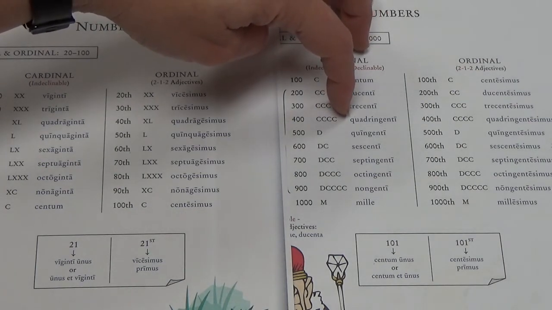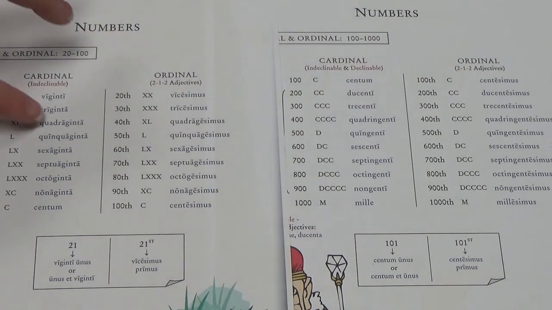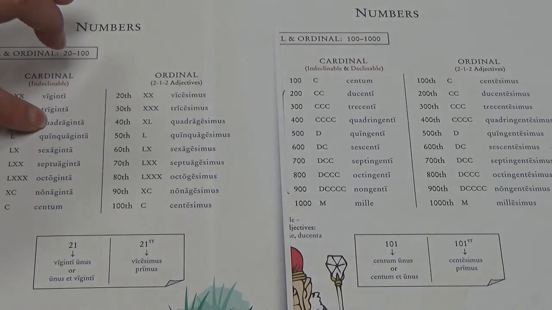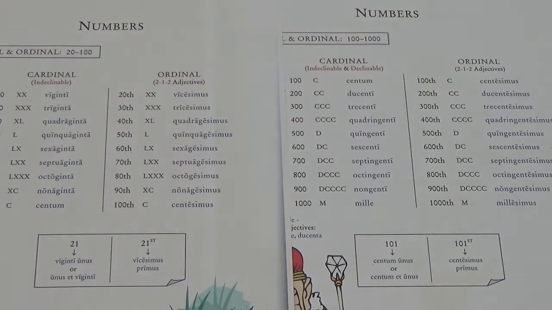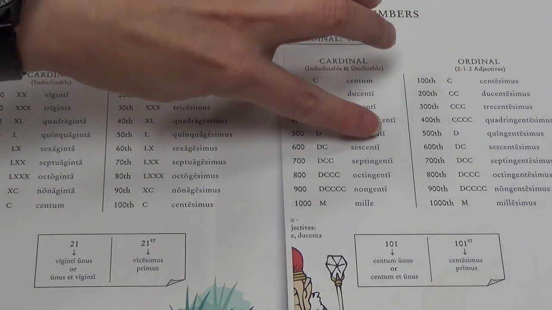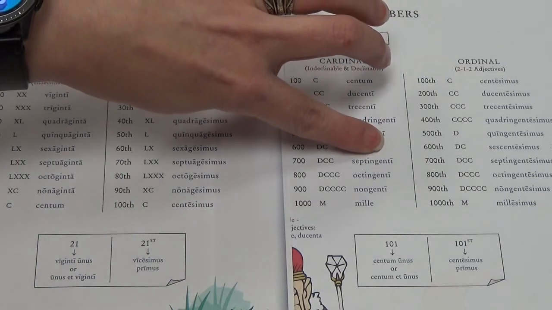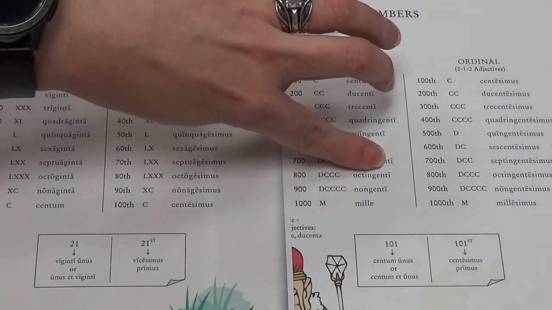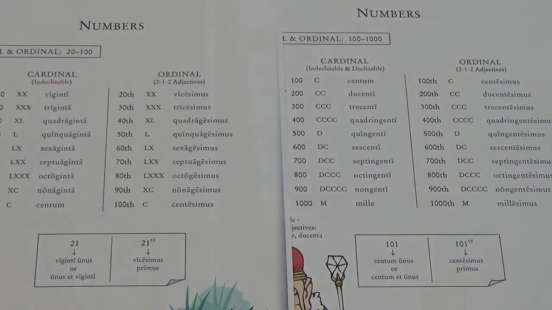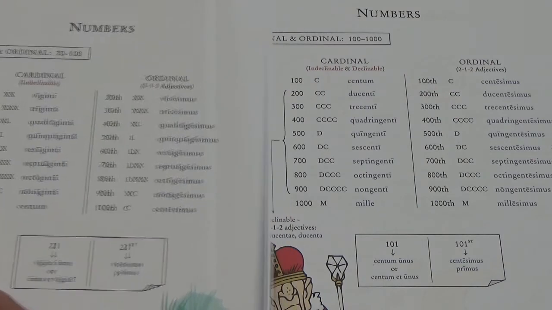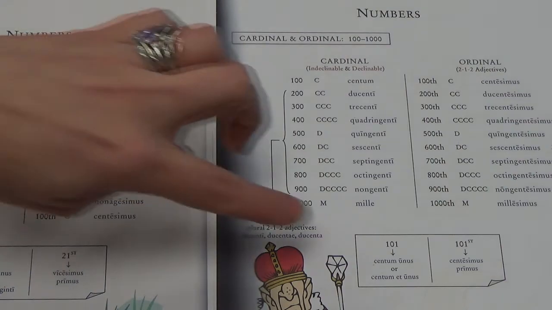Quadringenti, 400. Quinquaginta, 50. Quingenti, 500. Sescenti, septingenti, octingenti, nongenti, 1000.